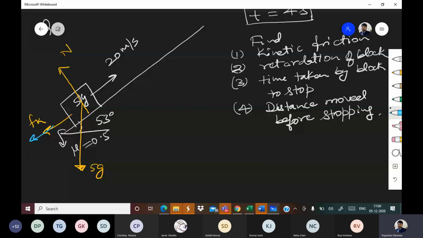One will be 5G sine 53, which will be downward, and one will be 5G cos 53, which will be perpendicular to the surface. Okay. So for block, first we are talking perpendicular to inclined plane.